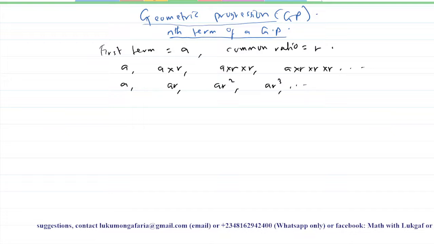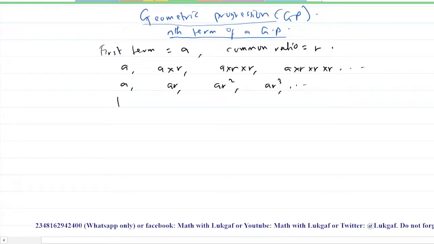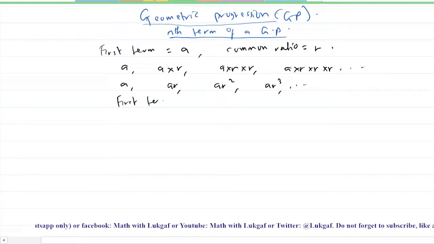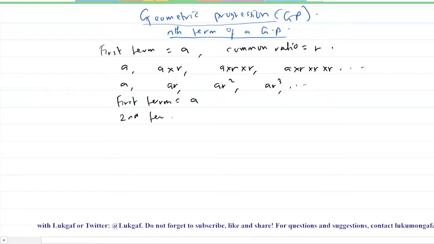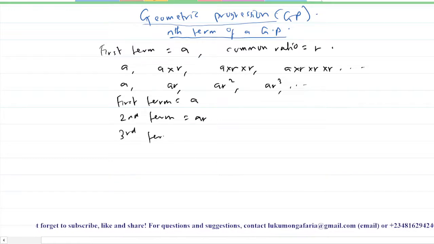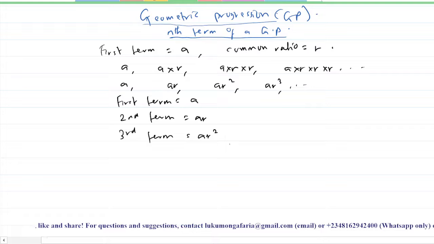So if you check the terms in the sequence very well, what do you observe? You will see that my first term is equal to A. My second term is AR. My third term is AR squared.